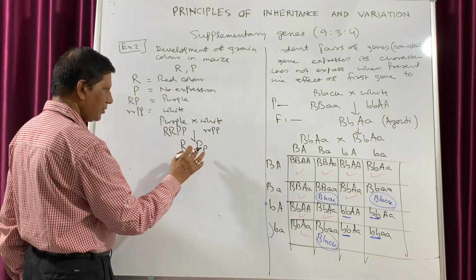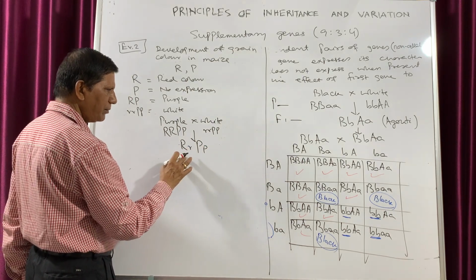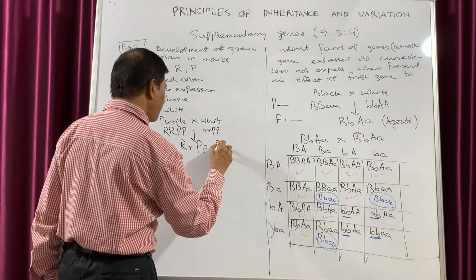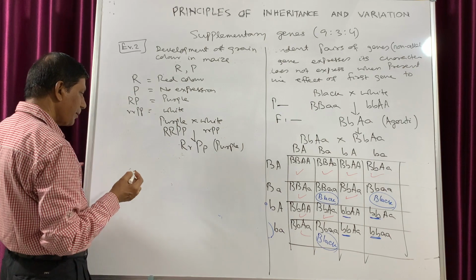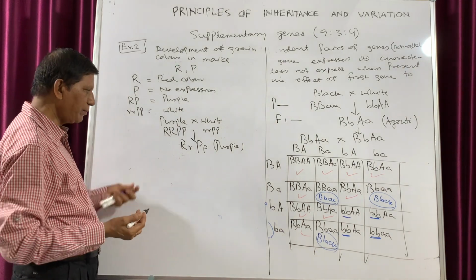And here both are present in dominant form, so naturally this will also be purple, like this one. But what is happening in the F2 generation?